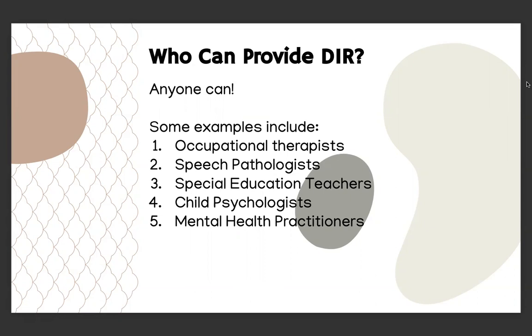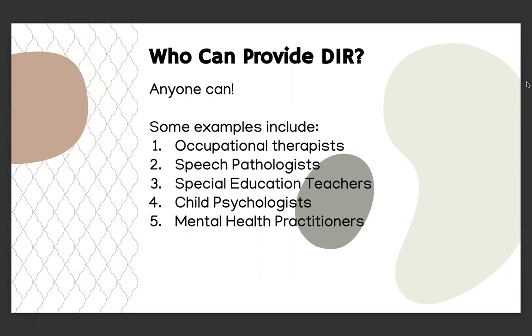Like any other certification, it gives you some extra credentials to your name. And so that could be something that could get you into some legal trouble down the line if you don't fully complete those certifications. So some examples of people who can provide DIR Floortime include occupational therapists, speech pathologists, special education teachers, child psychologists, and other mental health practitioners.